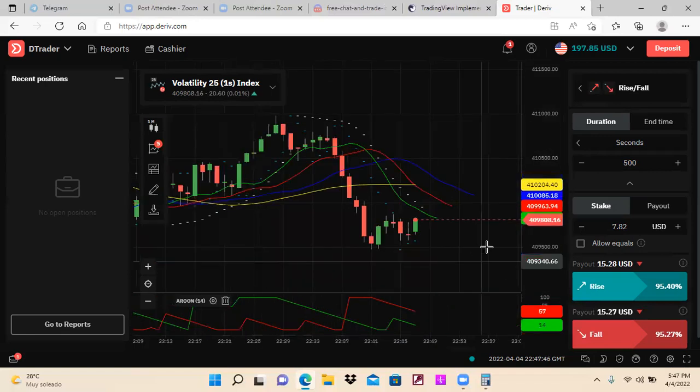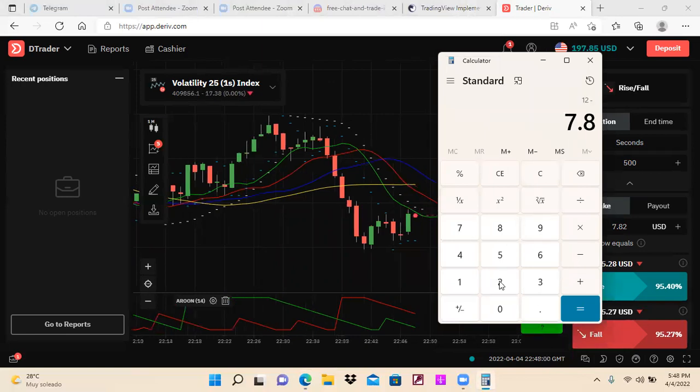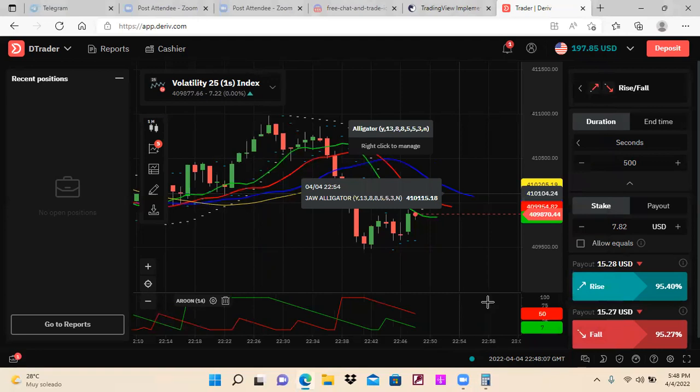We only wanted to make $12 and we're at $7.82. So let's see how far we are: 12 minus 7.82. It means we only need to make $4.18 to confirm growing our account by 100%.